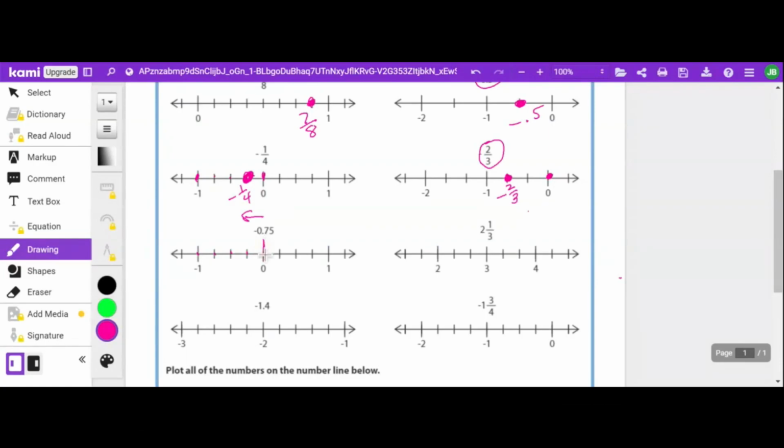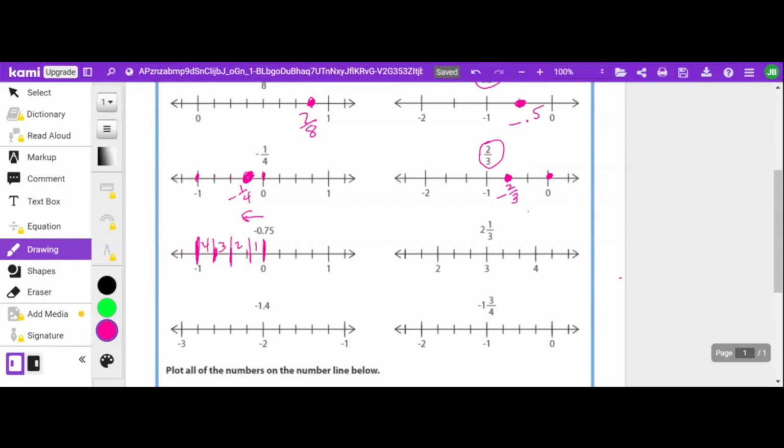Careful, we're going from 0 to 1, and we have broken it up into 1, 2, 3, 4 chunks.